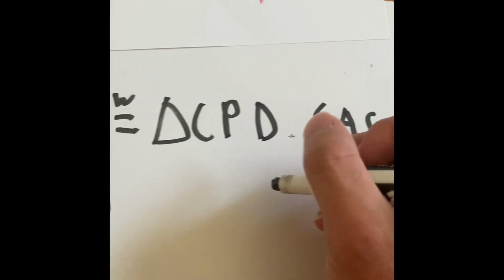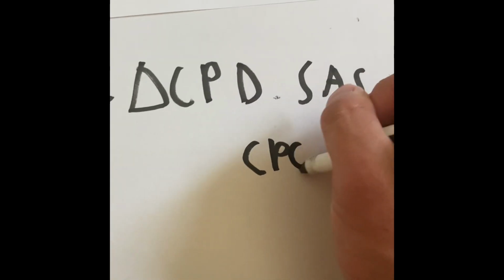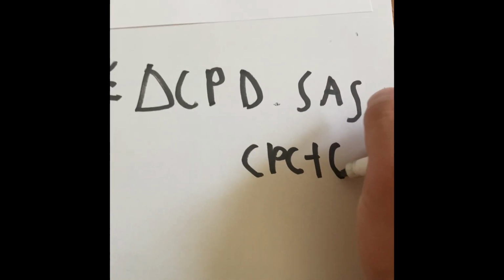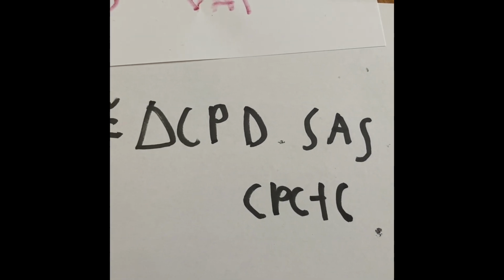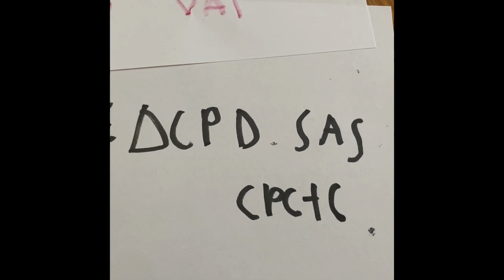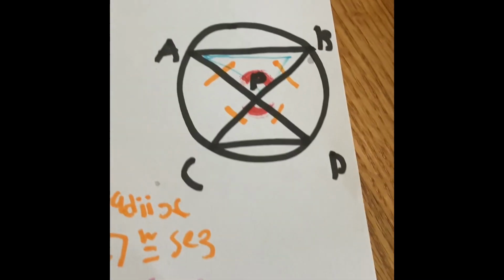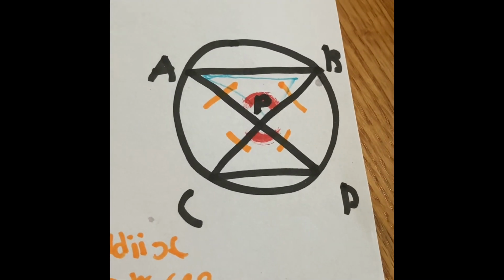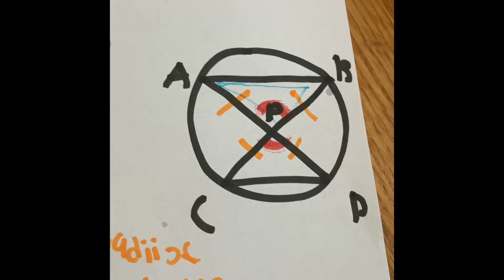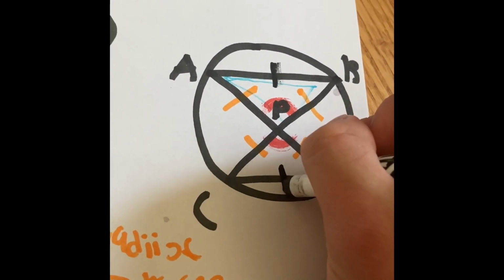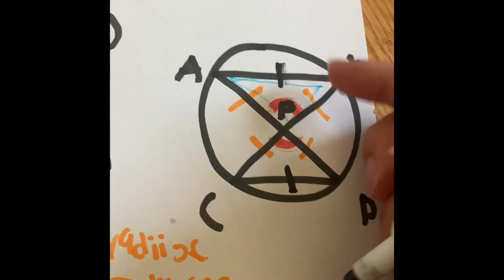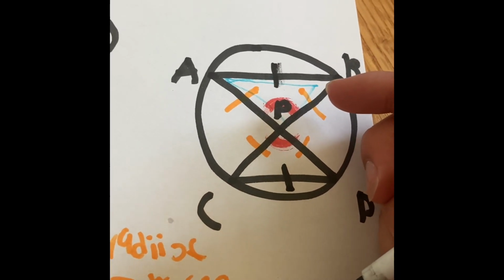And the reason is CPCTC: corresponding parts of congruent triangles are congruent. So basically, if we know that congruent triangles mean equal parts, then this right here and that right there have to be congruent because all the other parts are congruent.